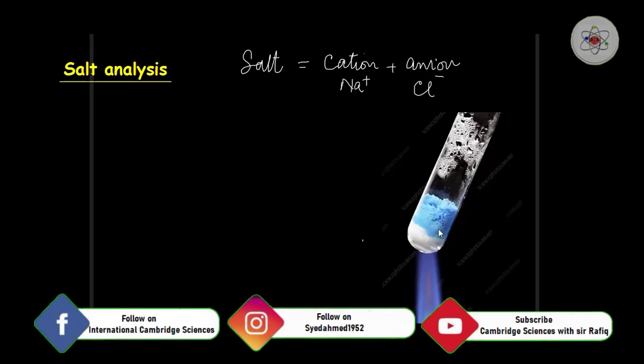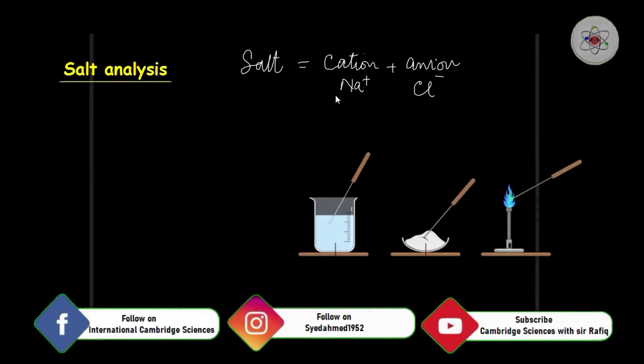After heating, we cool down the test tube and we will observe some droplets inside the test tube, which is the evidence that the salt is hydrated. Otherwise, the salt is anhydrous.